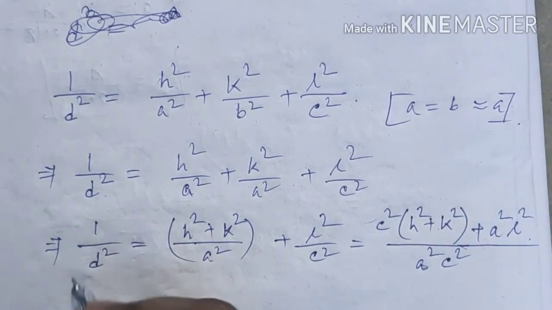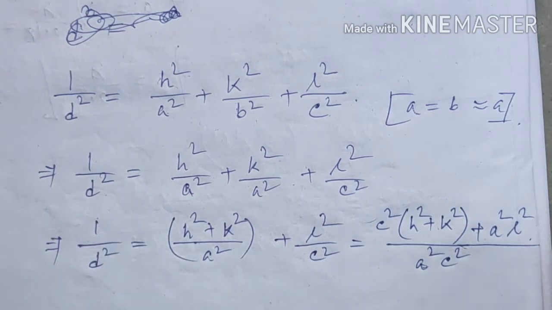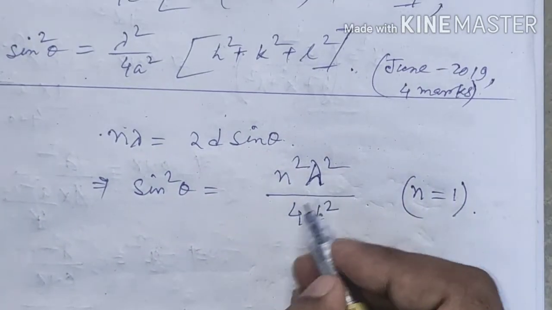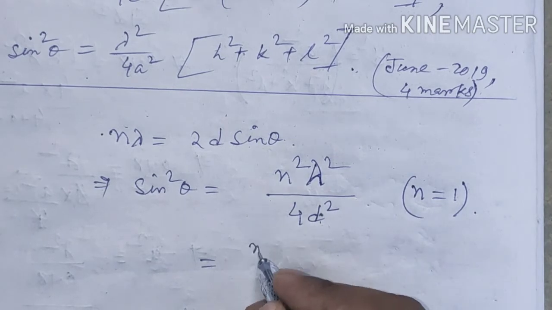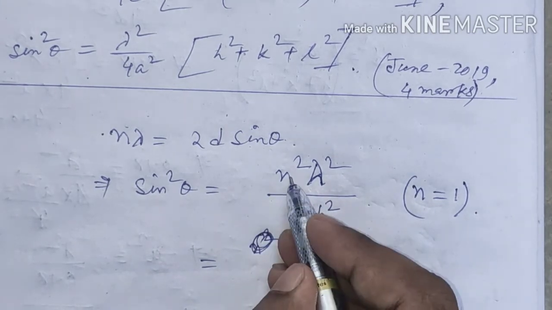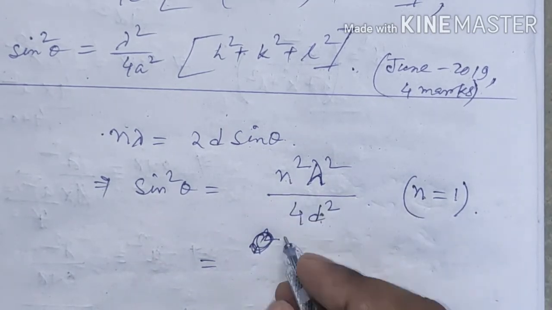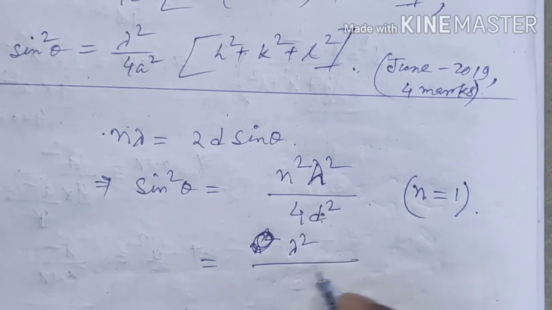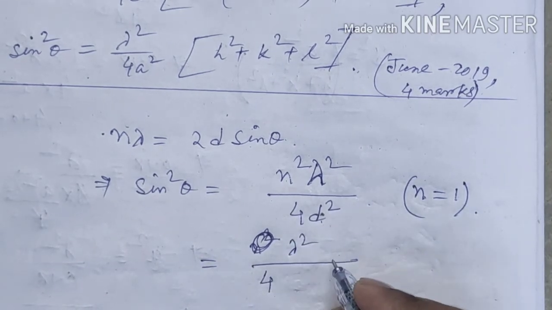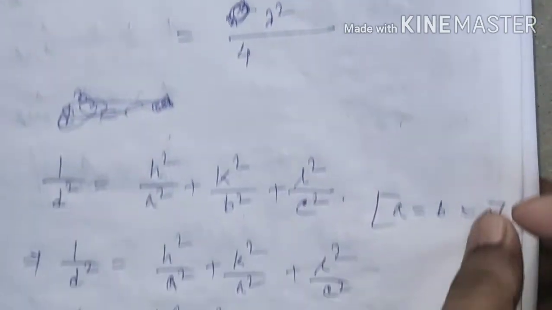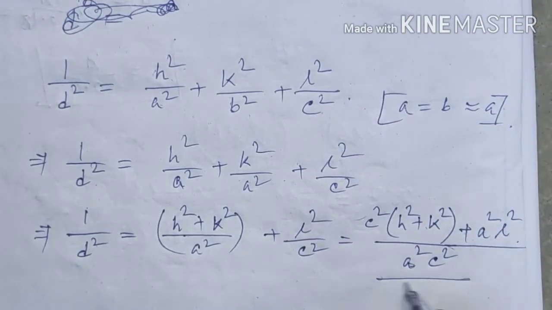Now if we put the value of 1 by d square in the above formula, since the value of n is here 1, we get lambda square divided by 4 into 1 by d square, and the value of 1 by d square is this.